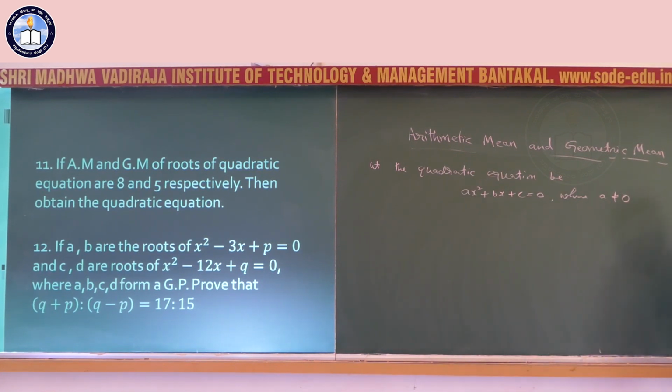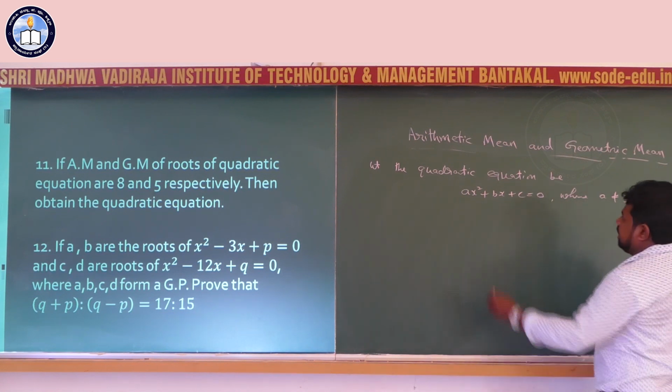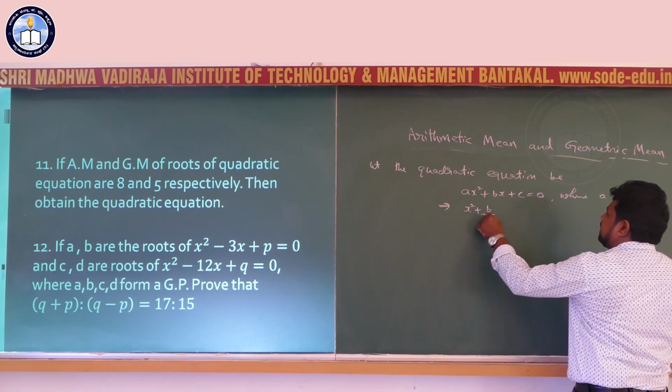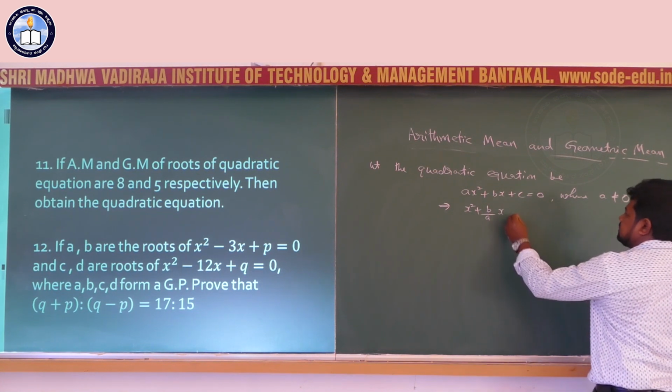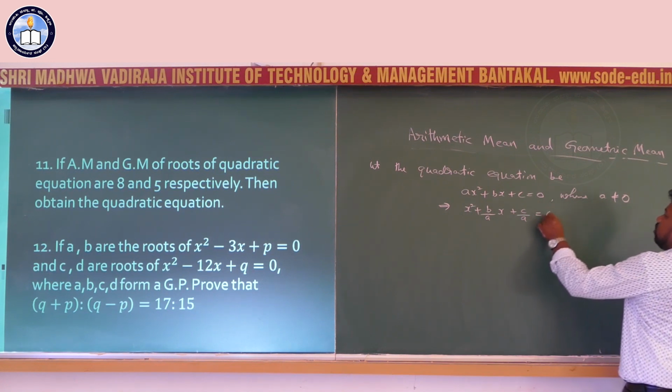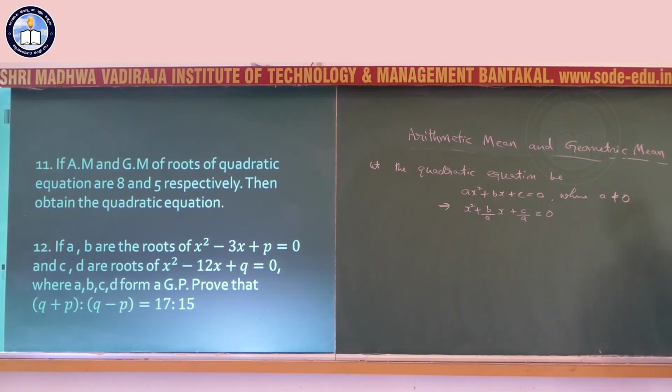That is linear equation, but here given equation is quadratic, therefore a must be not equal to 0. Dividing both sides by a, it implies x square plus b by a x plus c by a equal to 0. Call it as equation 1.